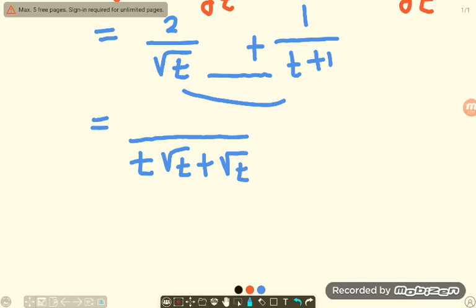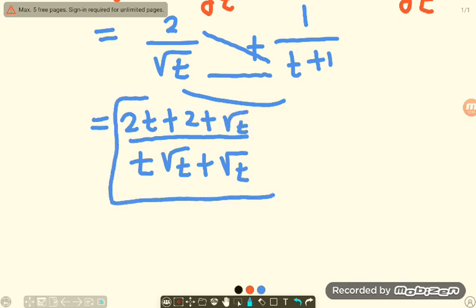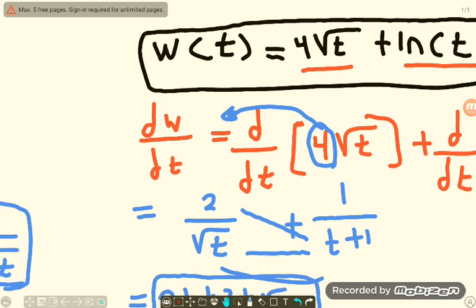As I was saying, you multiply the denominator by the denominator, and then you take a cross here. So that would be 2t plus 2 plus root of t. And I know it looks sophisticated, but this is what you get if you'd like to actually multiply them.